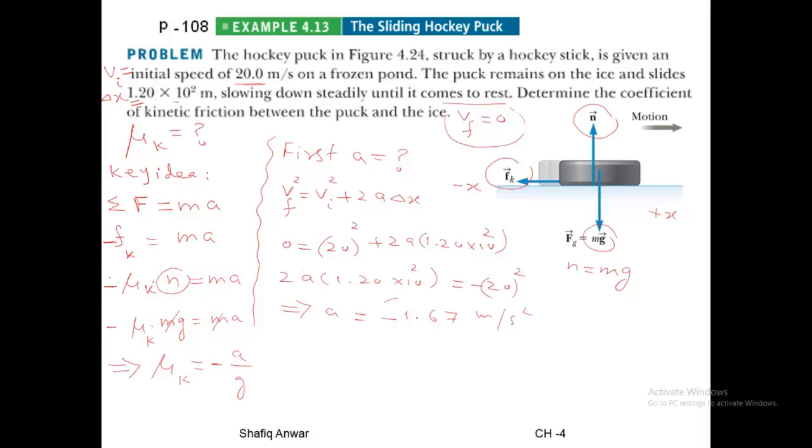You would use this value over here, and you would get, with 9.8, 0.170, right? No unit, because it's coefficient of friction, kinetic, no unit, we already discussed.